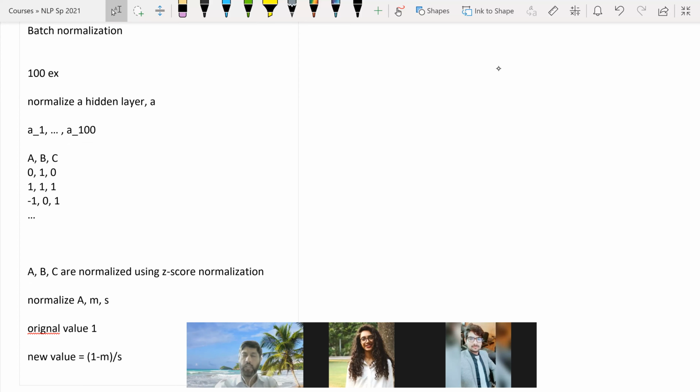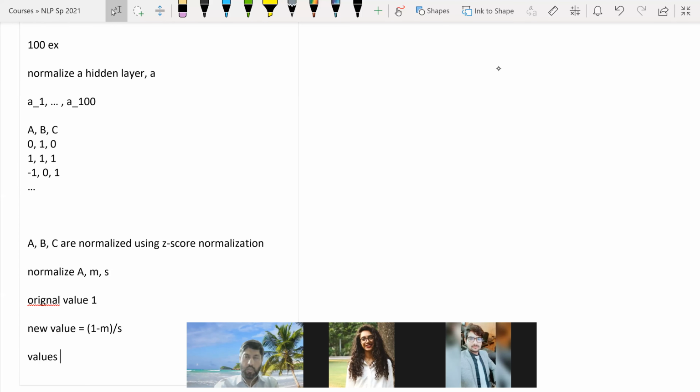So you're normalizing all the values in a particular column by using the mean of that column and the variance or standard deviation of that column. After the normalization, the values would have 0 mean and unit standard deviation. So that is a property of Z-score normalization or standardization.